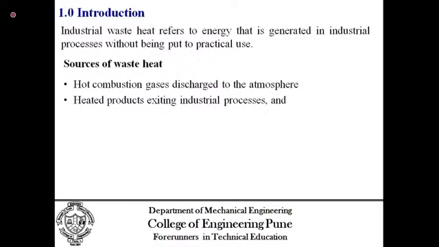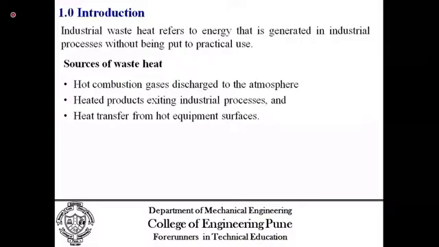Heat transfer from hot equipment surfaces, like the motor that we use. When the motor is continuously running, you will find that the surface is hot. So can we go for such heat which is available on the surface, which is very hot, and can be converted into useful work? All these types of heat are called waste heat.